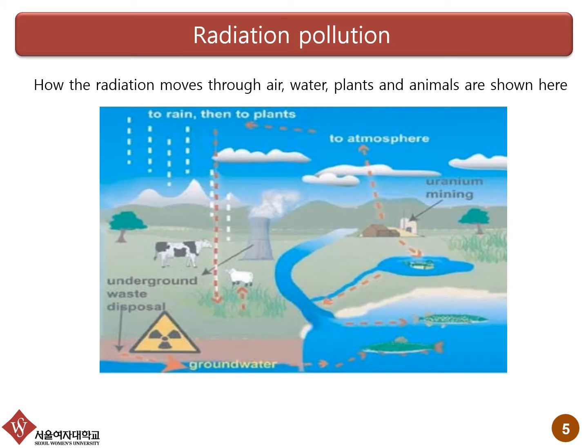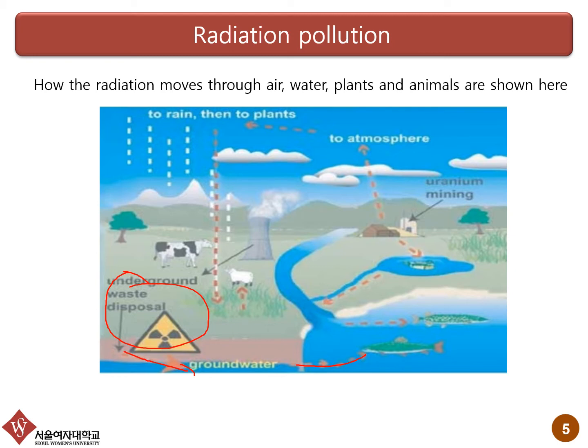This slide shows how radiation pollution is spreading across the earth in various regions. For example, underground waste disposal is usually a source of radiation, which mixes with the groundwater. The groundwater moves into the lake and reaches all living organisms in the lake.